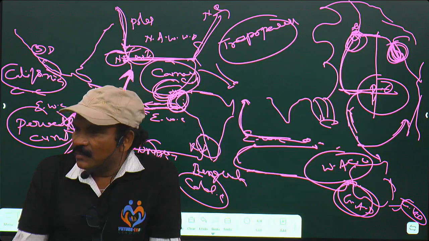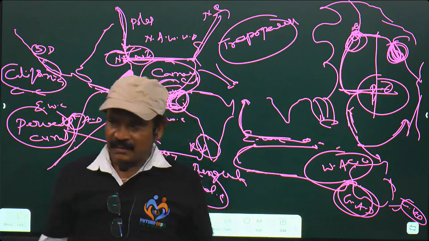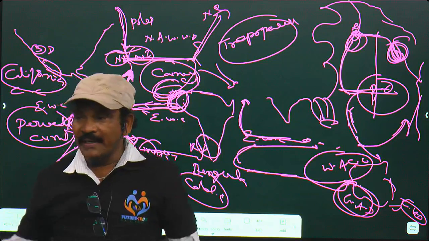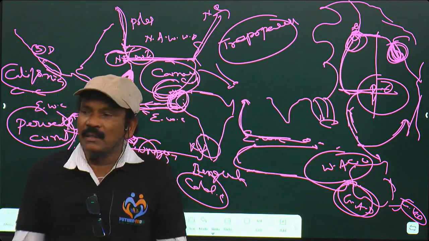Is it clear? To develop the tropical deserts in the western side of the continents, point number one is subtropical high pressure.